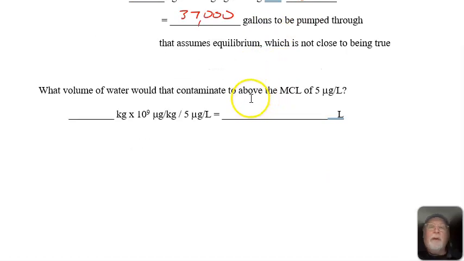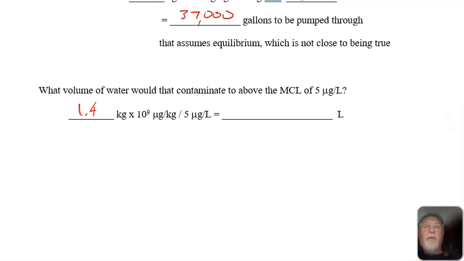Another little look at that number. The maximum contaminant level for benzene is 5 micrograms per liter, parts per billion. With that 1.4 kilograms, if that dissolves and spreads out so that it's down to 5 micrograms per liter, how much water is it spread out in?